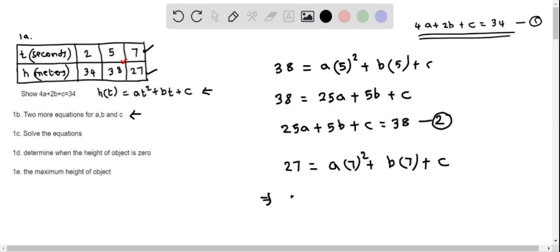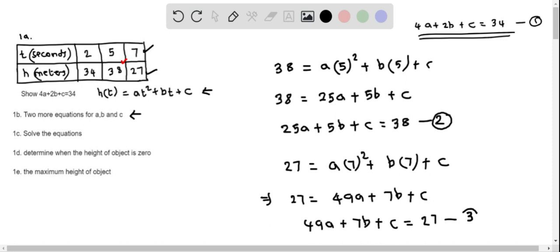So this implies 27 equals, 7 squared is 49, so it is 49a plus 7b plus c. So this can be rewritten as 49a plus 7b plus c equals 27. Let's say this is equation number 3. So we have written the two more equations for a, b, and c. Equation number 2 and equation number 3 are the other two equations.